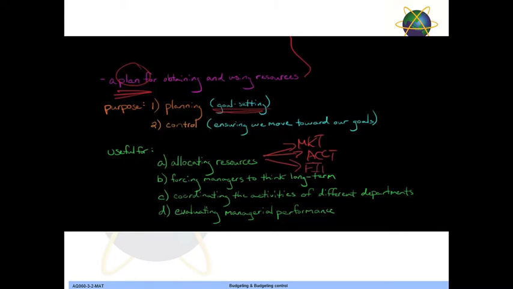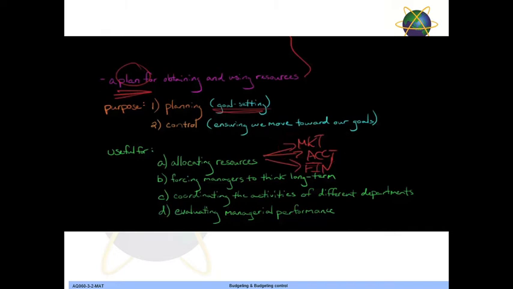We've got a number of departments, and then we can have different product divisions. And so we've got to find a way to split up these resources, right? The firm does not have an infinite amount of resources. There's a limit, and so we have to say, well, how do we divide this? And that's what the budgeting process is all about, right? We're coming up with a plan that ideally is going to provide adequate resources to all these different departments.